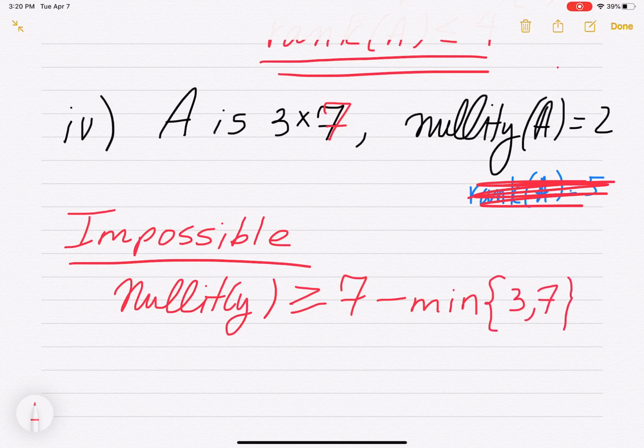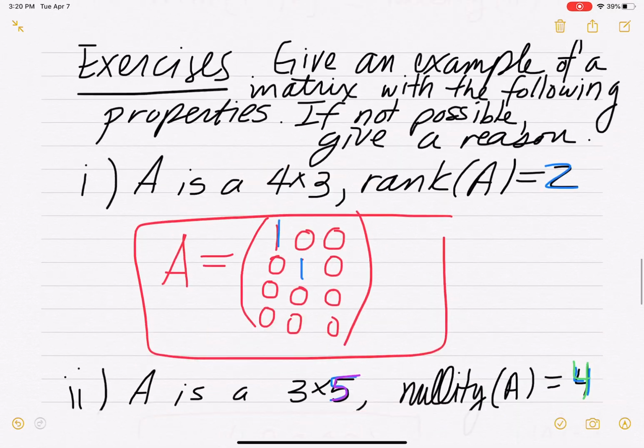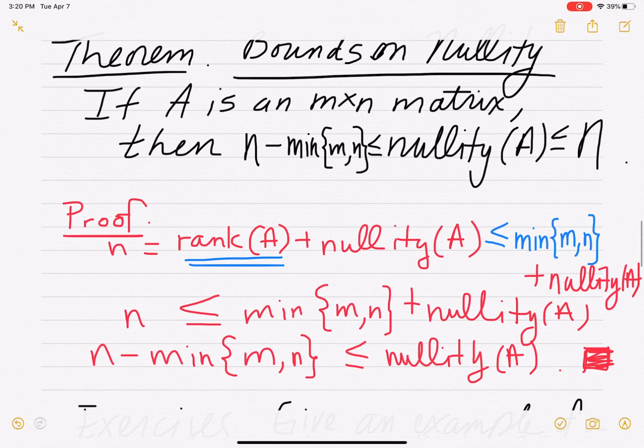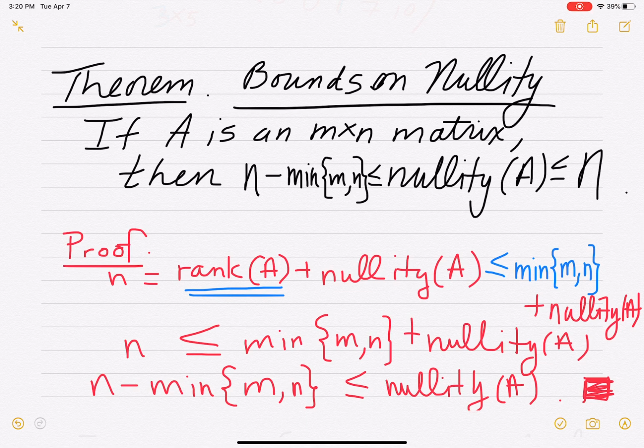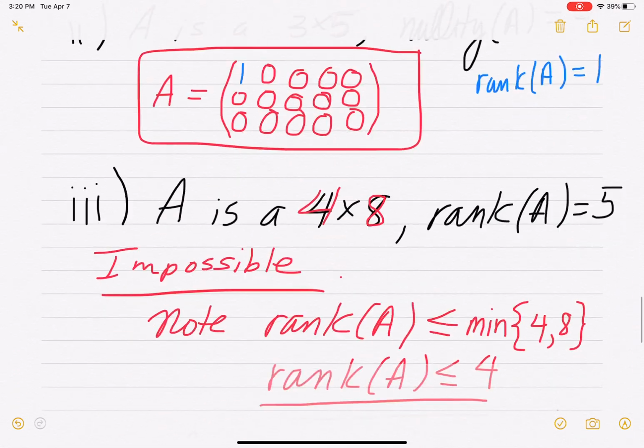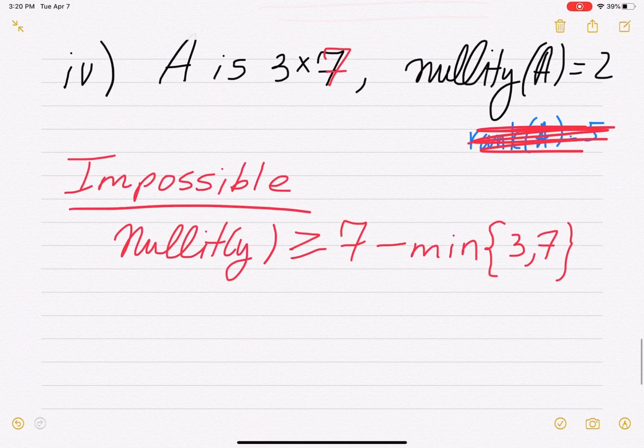That was a lower bound we talked about earlier in one of our results. Where was that? Right here: nullity of A is greater than or equal to n minus the minimum of m and n. That's what we're doing here.